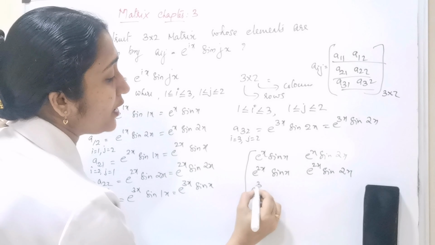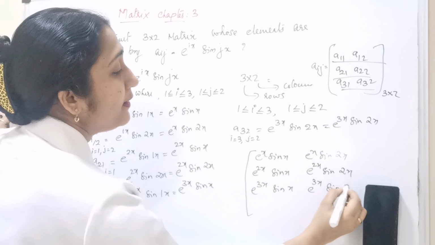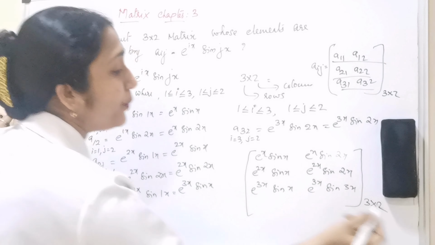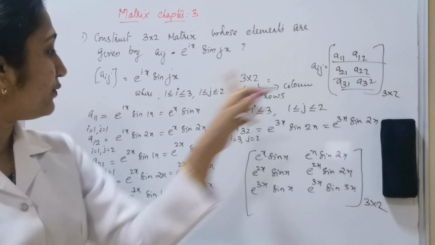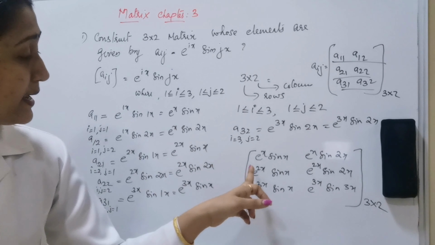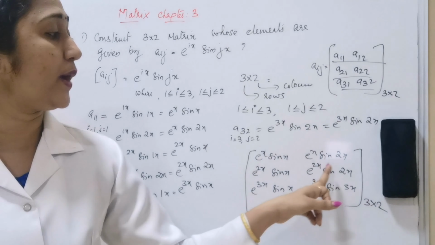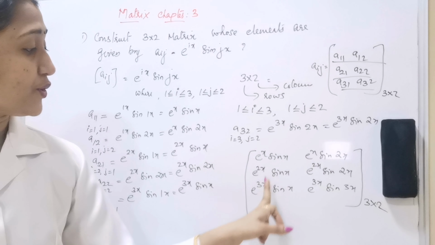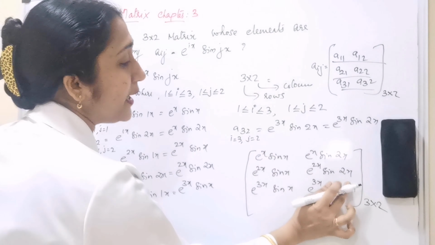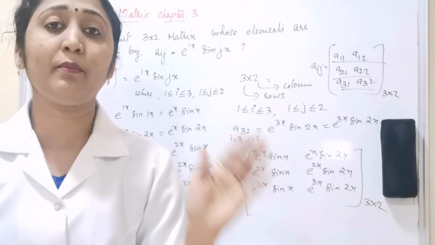Next row, e raised to 3x sin x and e raised to 3x sin 2x, sorry, it is 2x. This is the format of the 3 by 2 matrix. So this is the format of constructing a matrix.